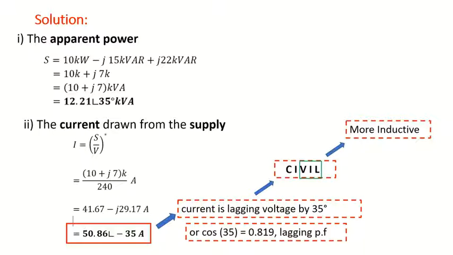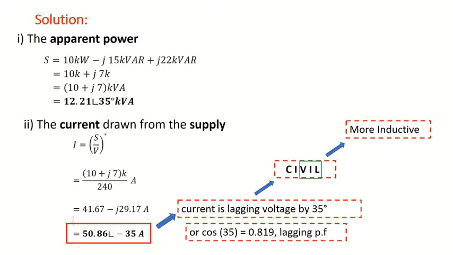You get about 41.67 plus j29.17. However, the I here is the conjugate of this, so you have 41.67 minus j29.17 ampere, instead of plus.